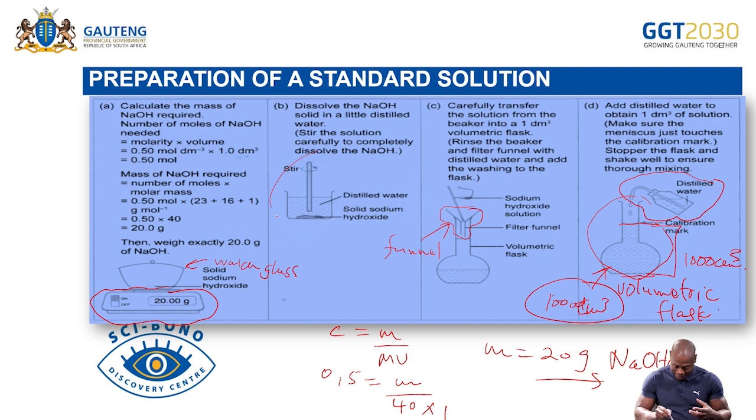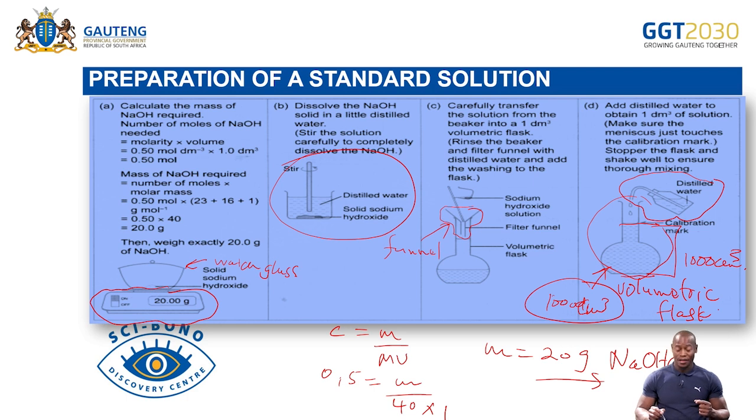You stir until all the sodium hydroxide is dissolved. Or another thing you can do is transfer the 20 grams of sodium hydroxide into a volumetric flask using a funnel.